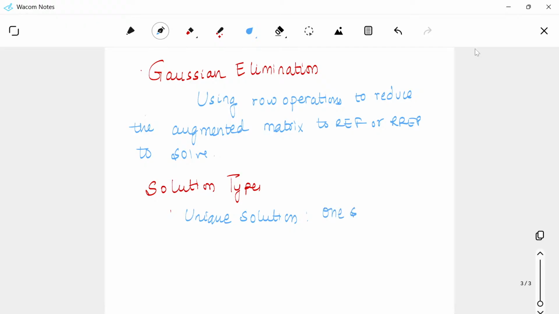One set of values satisfies all equations. Okay.